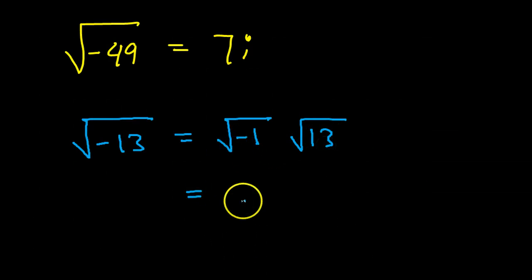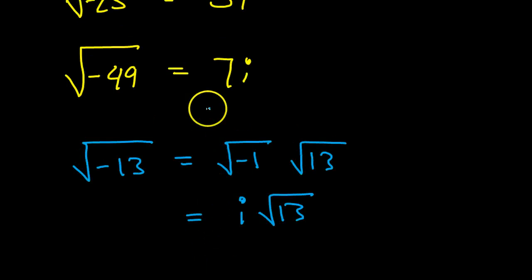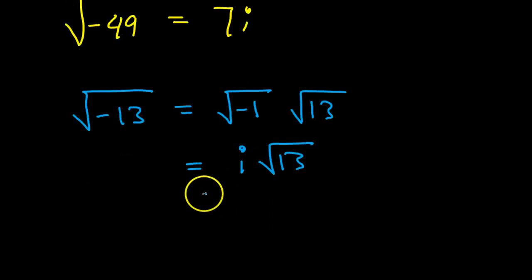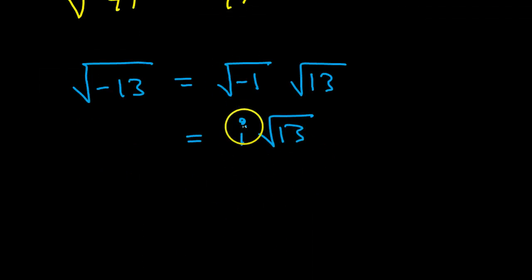The square root of -1 is i, but the square root of 13, there's nothing you can do with it, so it just stays the square root of 13. Now notice, when you have just a number and i, you put the i on the right-hand side, 7i. When you have a radical and i, the i goes on the left, i radical 13.